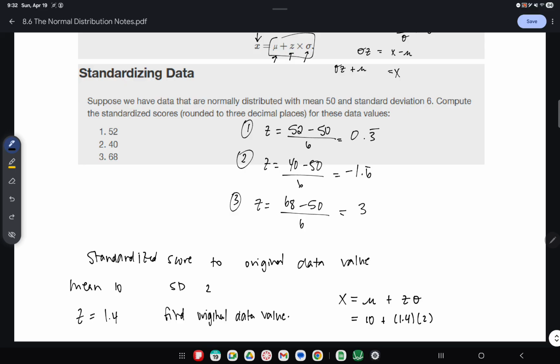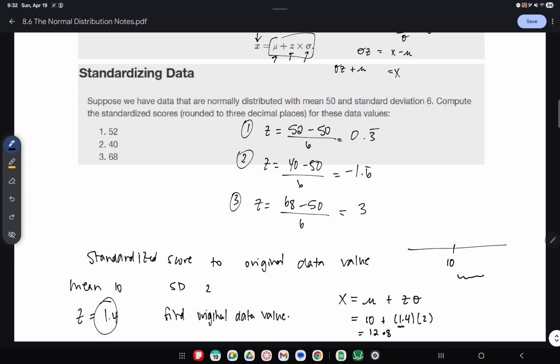All right, let's plug that in a calculator. So 1.4 times 2 plus 10 gives me 12.8. Right? Really, I'm a visual person, so this is what I see. I see our mean is 10, and we were told that the standardized score is 1.4. So I am above the mean, because 1.4 is positive. And what I want to find is exactly how far.